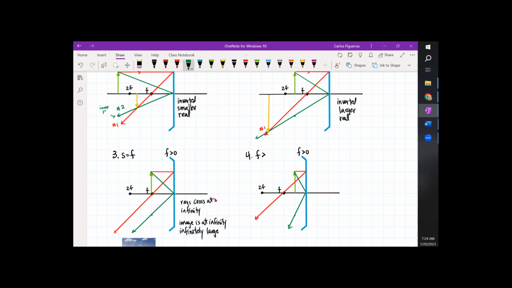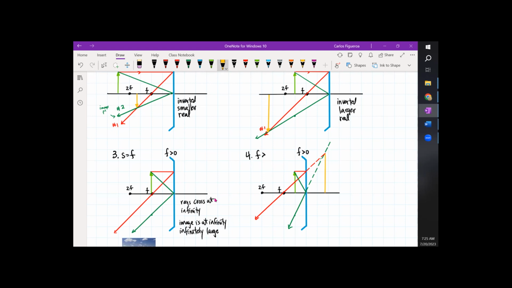Because they're diverging, our eyes follow the rays backwards. So now, if I start following these rays backwards, I start to see in this direction. And if I look at my red here, I start to follow these guys backwards. And it appears that all of the light is originating from behind the mirror.